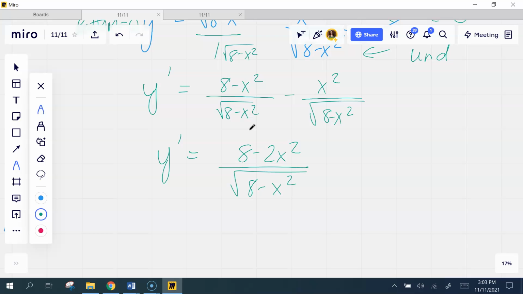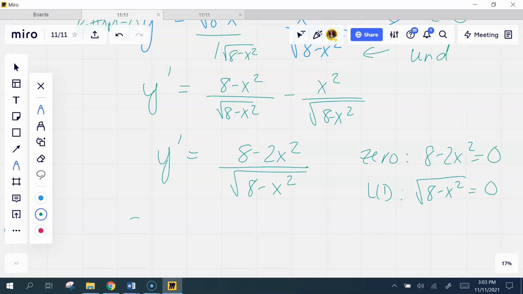First derivative test: where is it 0? It's 0 when the top is 0. Where is it undefined? It's undefined when the bottom is equal to 0. You have to solve for both of them.